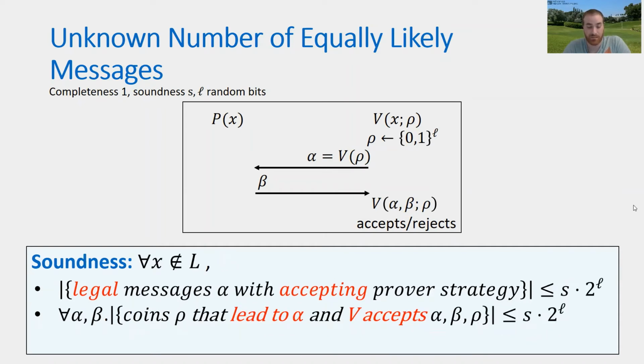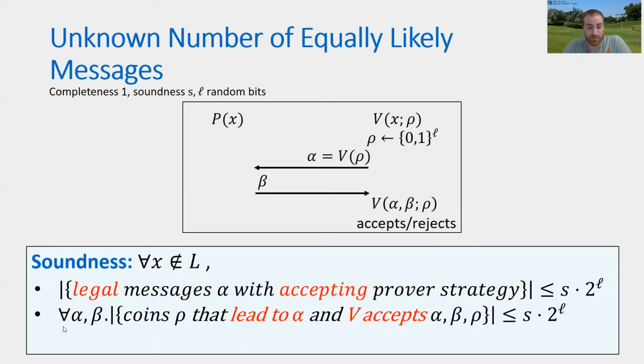On the other hand, if X is not in the language, then this same set of legal messages with an accepting prover strategy is smaller than S, where S is the soundness times 2 to the L. This is because there can't be more accepting messages than there are coins which the verifier chooses such that the prover has an accepting strategy for them.